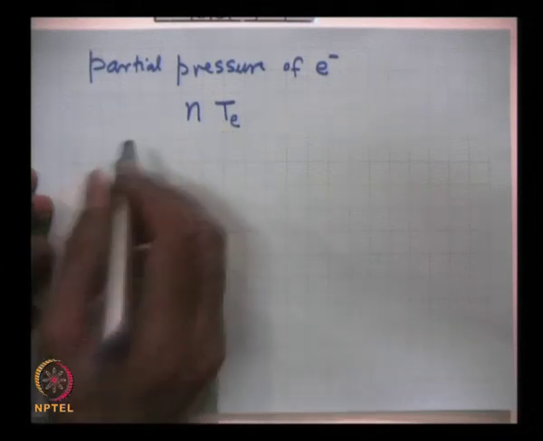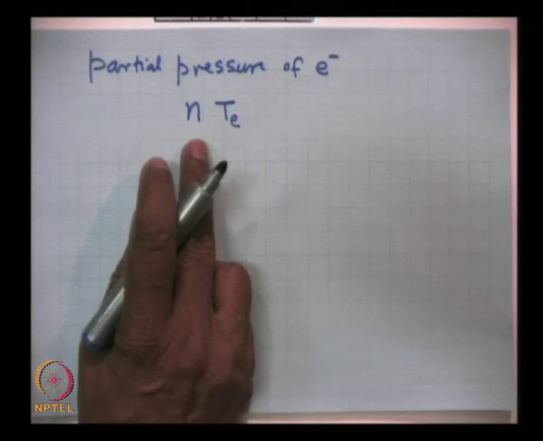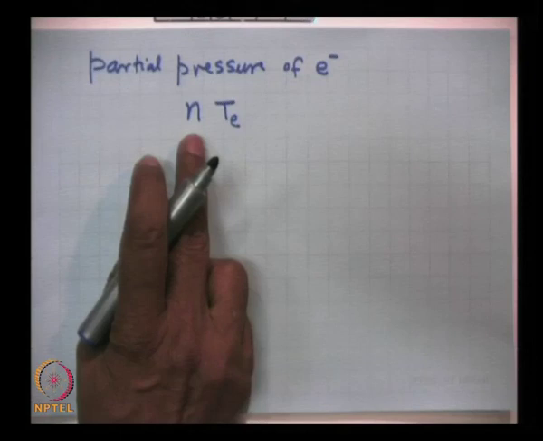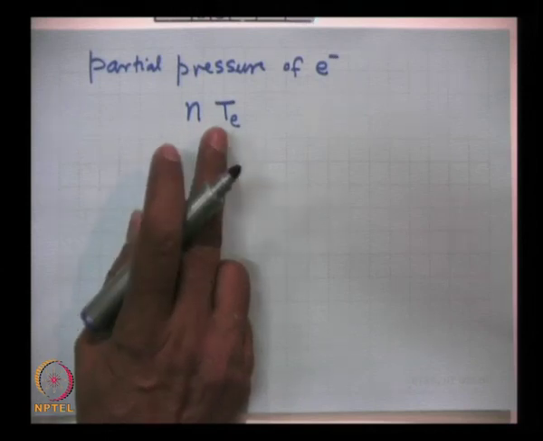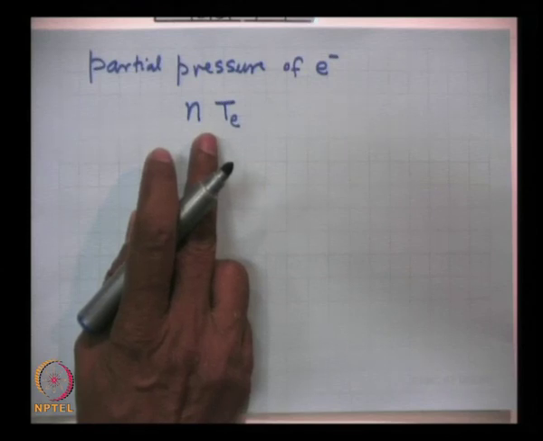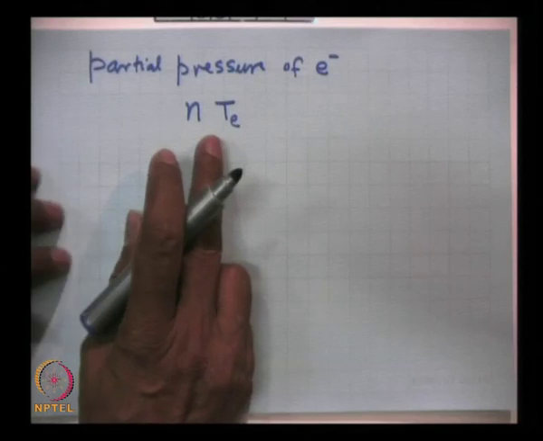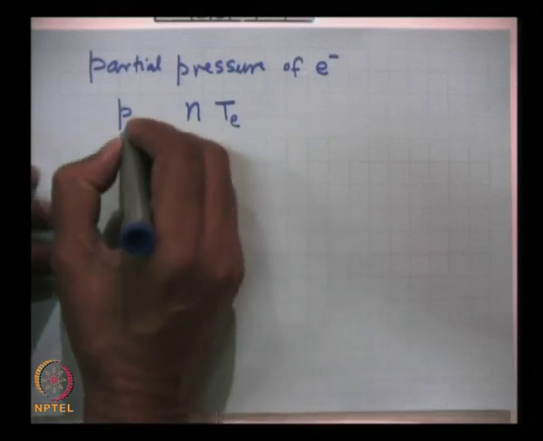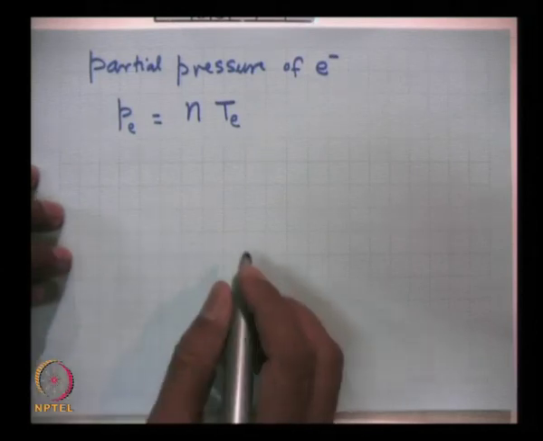Now, the problem is that when you apply certain fields on the particles, especially the fields of waves, the particles acquire drift velocity, and the velocity is not uniform everywhere, it may vary from point to point. As a result, density may change, so pressure will change. The issue is, if there is a non-uniformity in pressure, I will call this pressure Pe, for instance, a scalar quantity. Now consider a simple case.